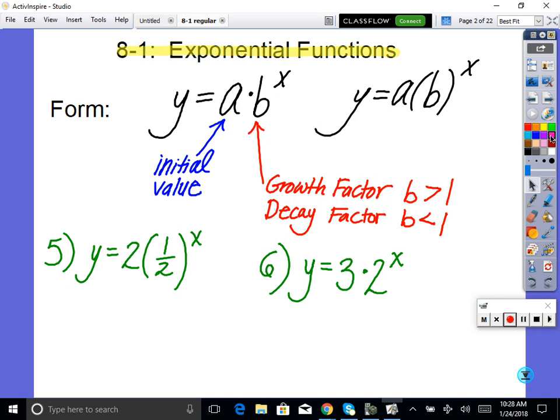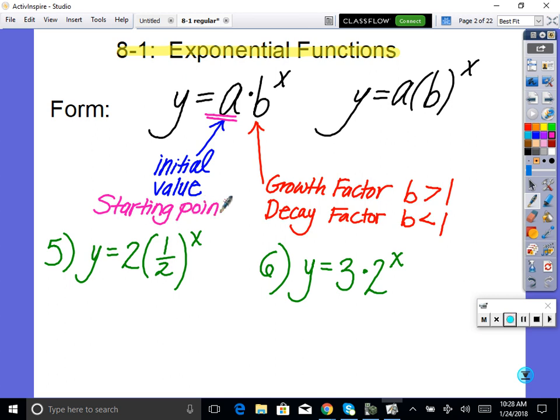So everybody, exponential functions. Here is the form, you should be writing this down, of an exponential function. Y is equal to A times B, where B is raised to the x power. Now, A is the initial value, or the starting point. You'll hear me say it both ways.